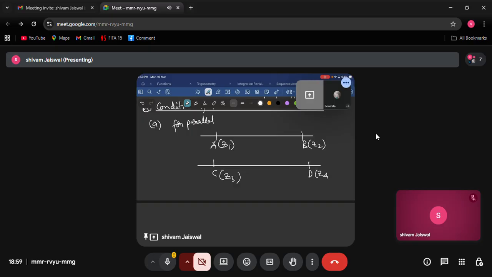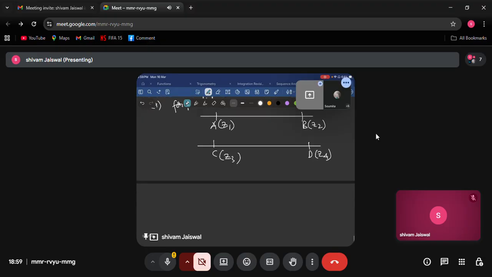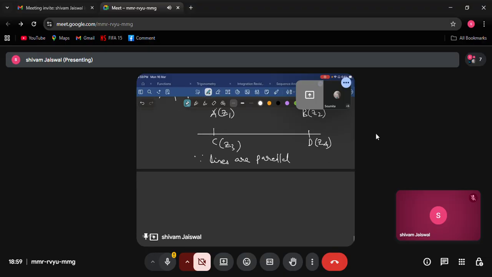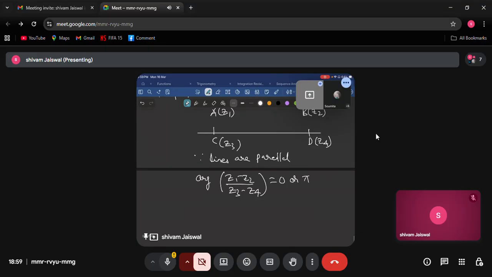So over here, everyone, since the lines are parallel, argument of Z1 minus Z2 upon Z3 minus Z4 will be equal to 0 or pi. They can be in the opposite direction also.